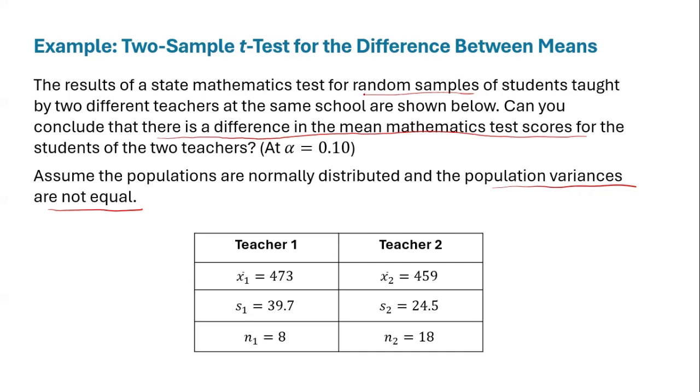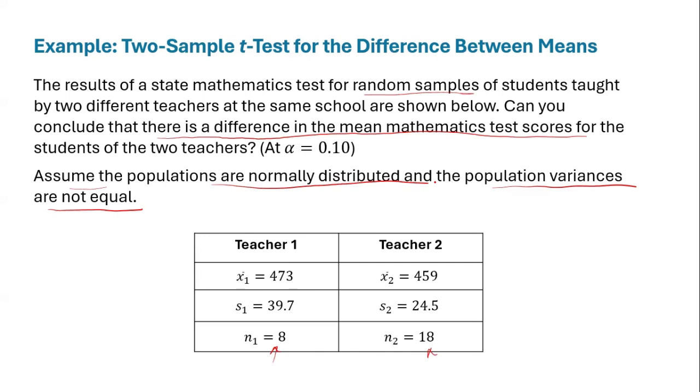So that should be completely different. Students from two different teachers. So we know that the samples are also different. And we need to check if populations are normally distributed or sample sizes are more than 30. As you see, the sample sizes are not more than 30, but it mentioned here that assume that the populations are normally distributed. Since it mentioned that, we don't need to check the sample size. So yes, this problem met all the requirements.